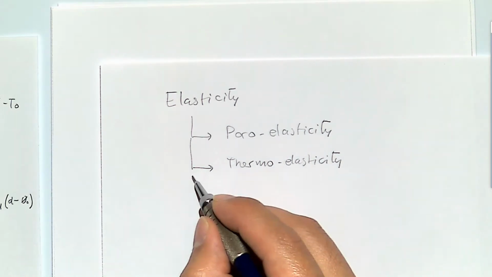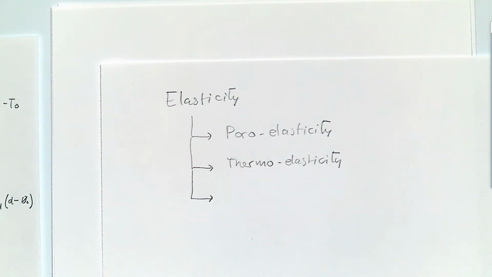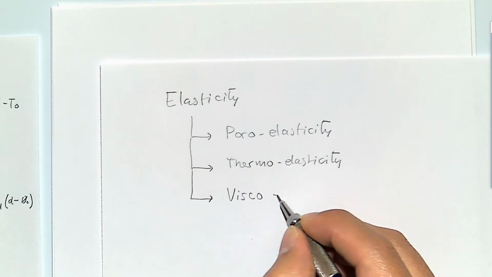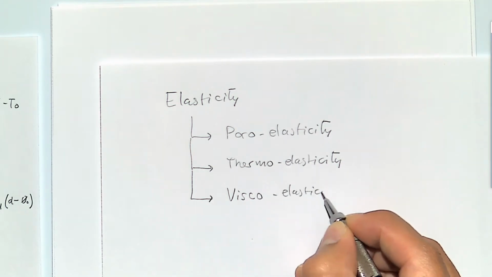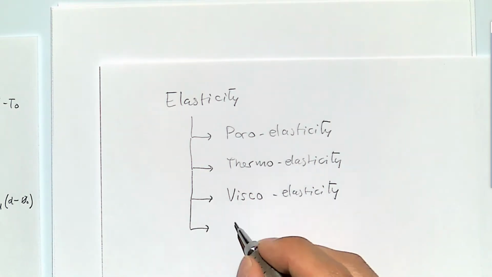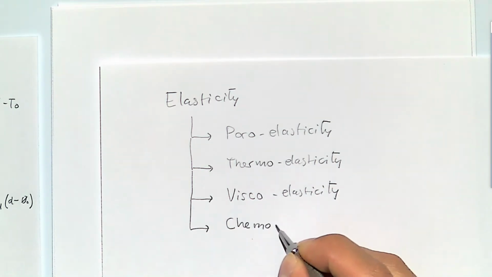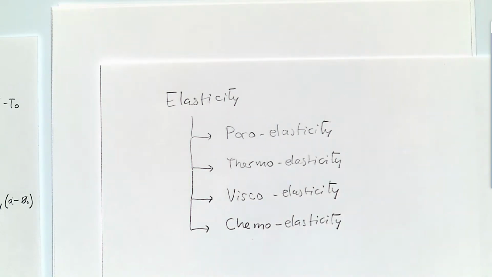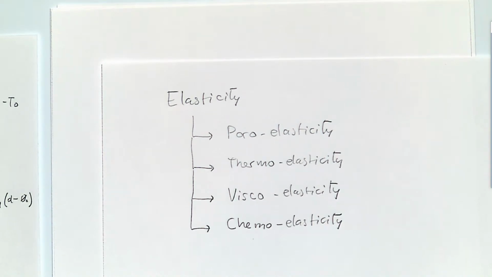All right, now we're going to see another phenomenon or another type of variation of elasticity, very briefly, which is visco-elasticity. And if we have time, we'll get started talking about chemoelasticity. Rocks are very complex materials, and the rocks are whatever you get.